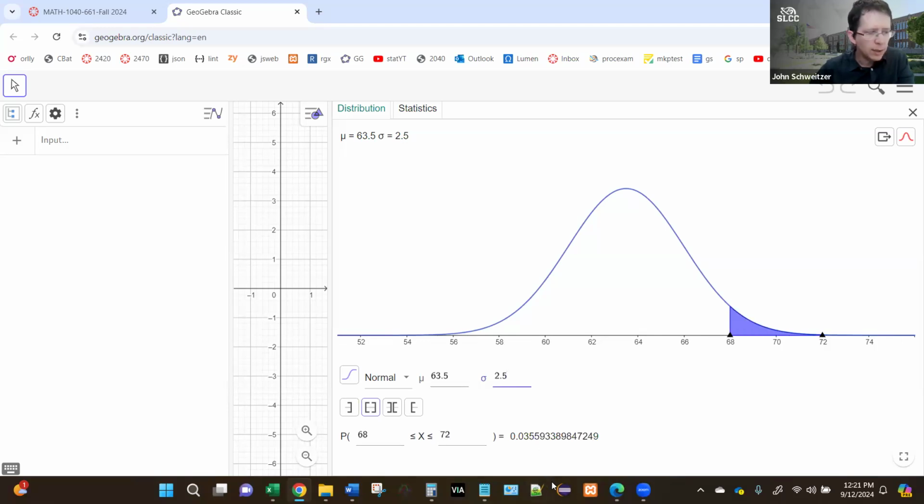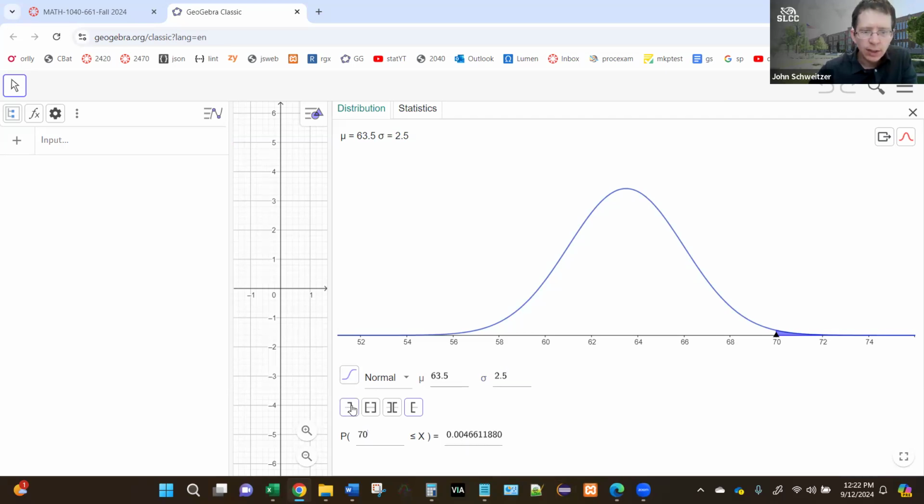So 0.03559. That's part A. So for part B, it says greater than what? 70 inches. So we can see it's way out here. It is shaded, but it's almost imperceptible. It's about 0.00461. So less than half of a percent of females are taller than 70 inches.